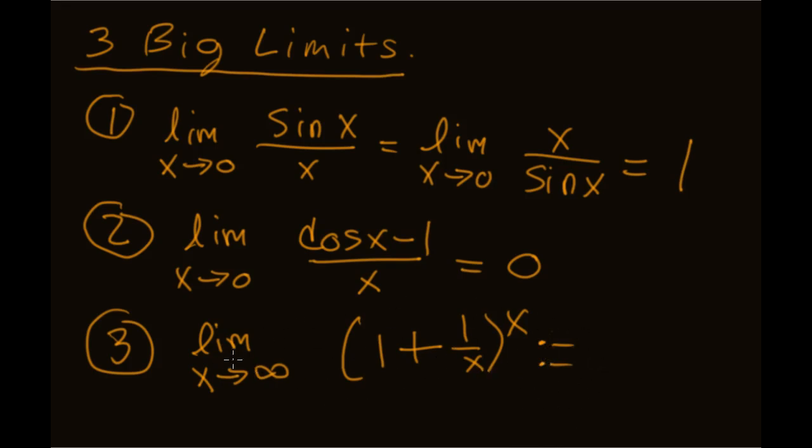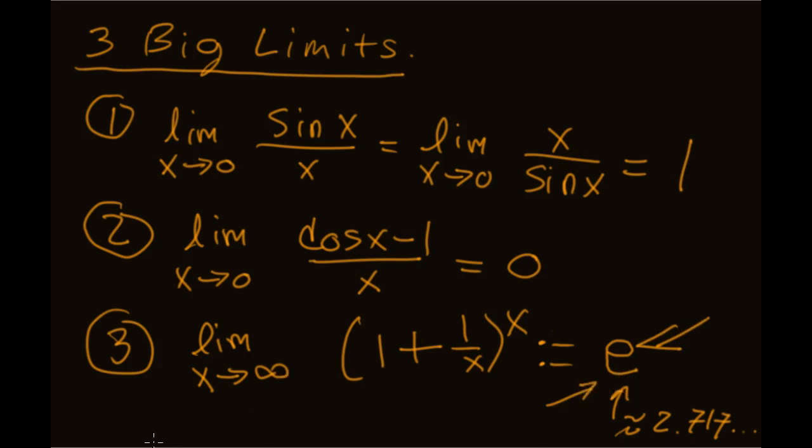This is actually a definition. We're not going to prove this one, we're going to define this. This is what is E. This is Euler's constant, which is approximately 2.717, and so forth and so on. This value is interesting. We'll take a look at it more extensively later, but this is the definition of Euler's constant, which we call E.